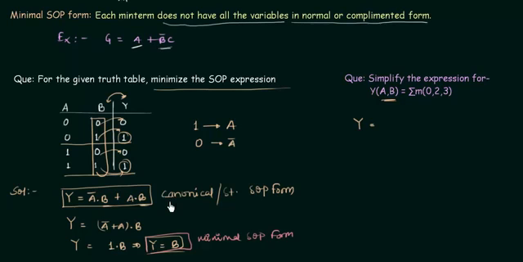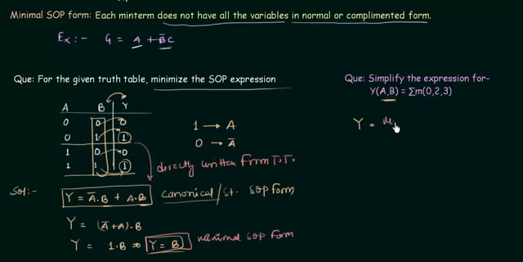And you can see that this canonical or standard SOP form we have directly written from the truth table, and in this all the minterms have each variable in complemented or normal form, whereas in this we don't have all the variables in normal or complemented form. A is missing here. In the same way we have to approach question number 2, and I will write down the canonical form first.